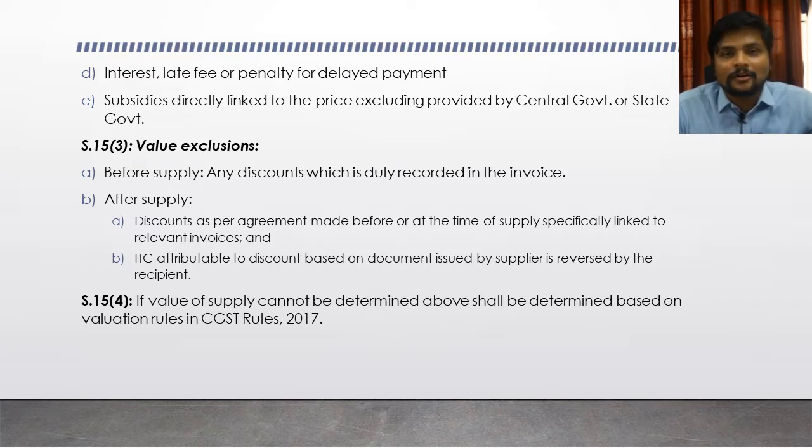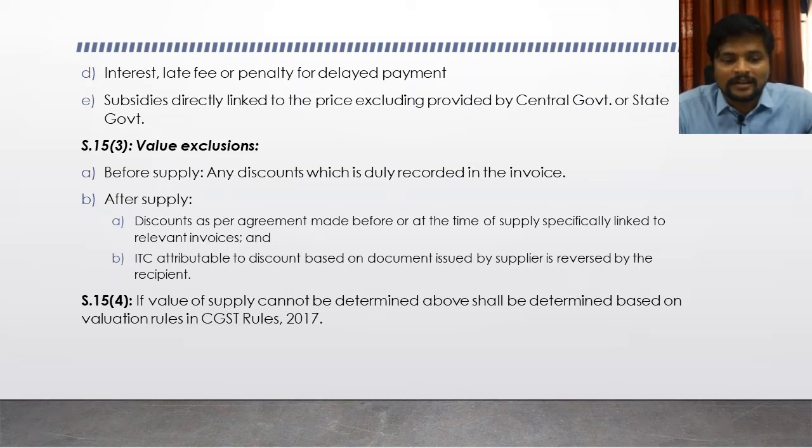Okay. At a later point of time, I am giving the discount of ₹10. That is to be excluded from the value. But in my scenario, I have already charged the tax and made payment to the government, and the recipient has also availed the input tax credit to the extent of tax on ₹100.